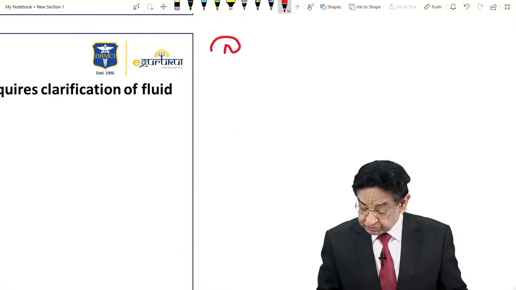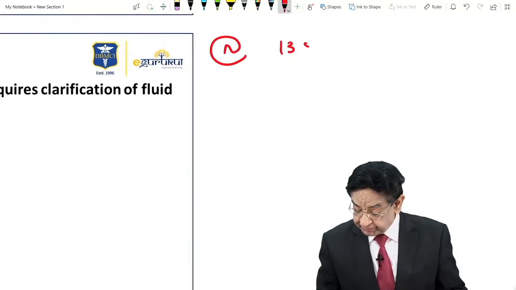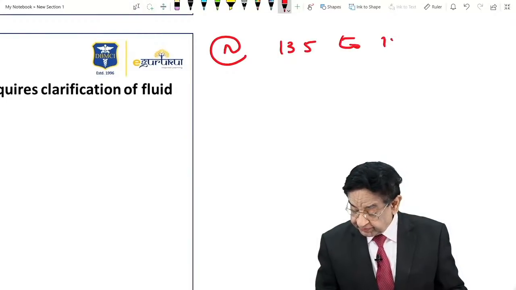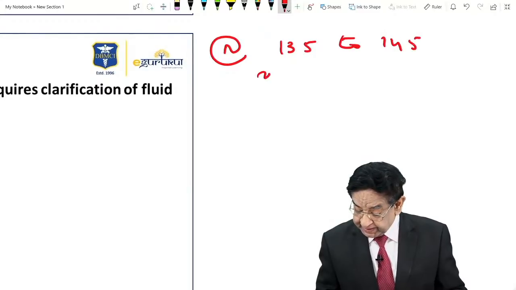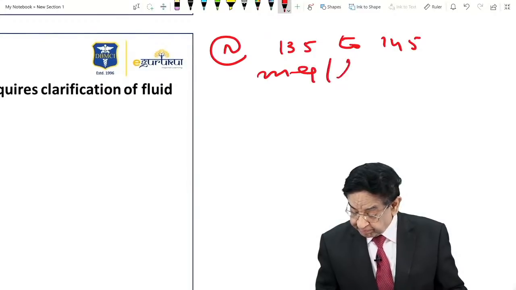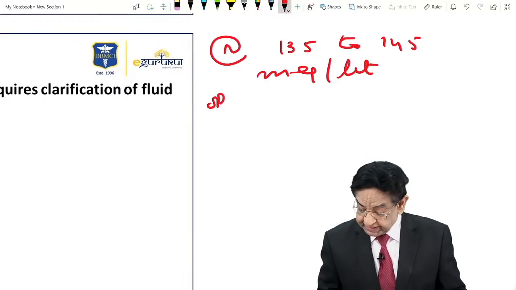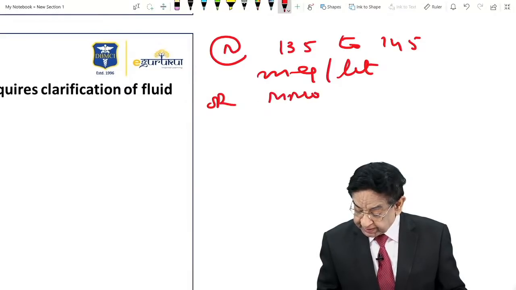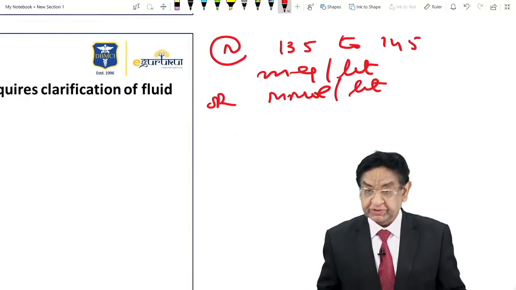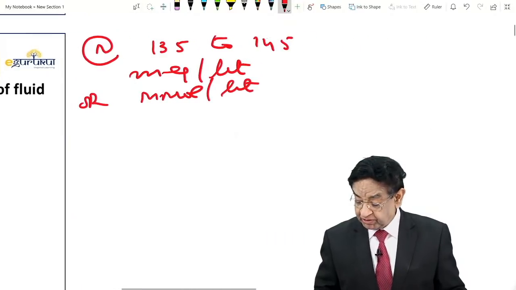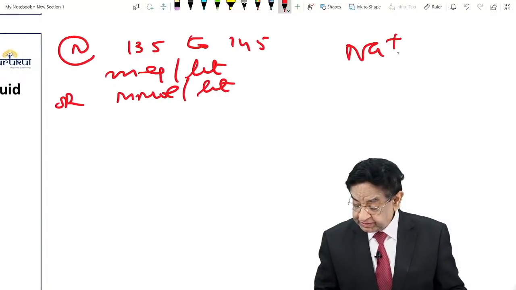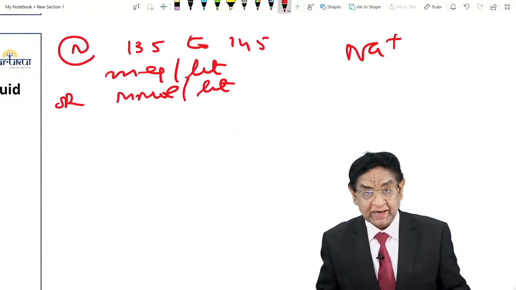Normal serum sodium is 135 to 145 milliequivalent per liter, or we can also write millimole per liter. Same, the reason being sodium has a valency of 1, so milliequivalent and millimole are the same.